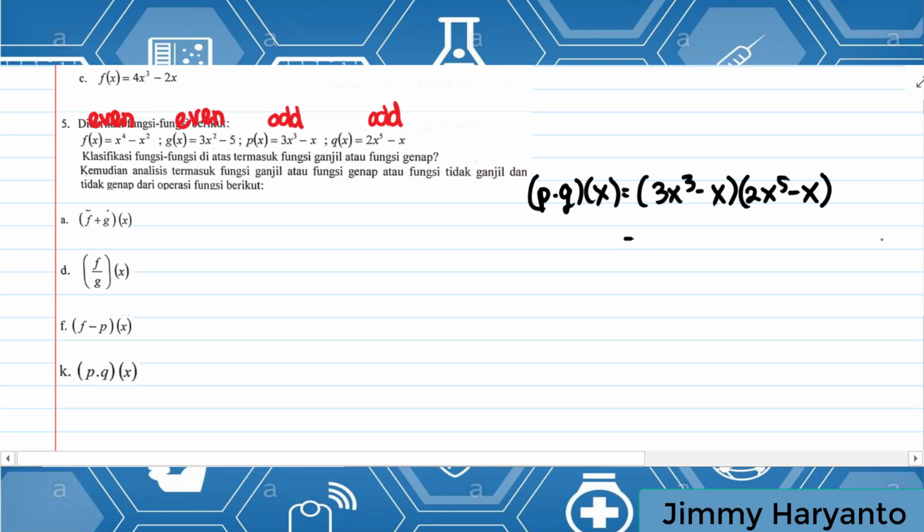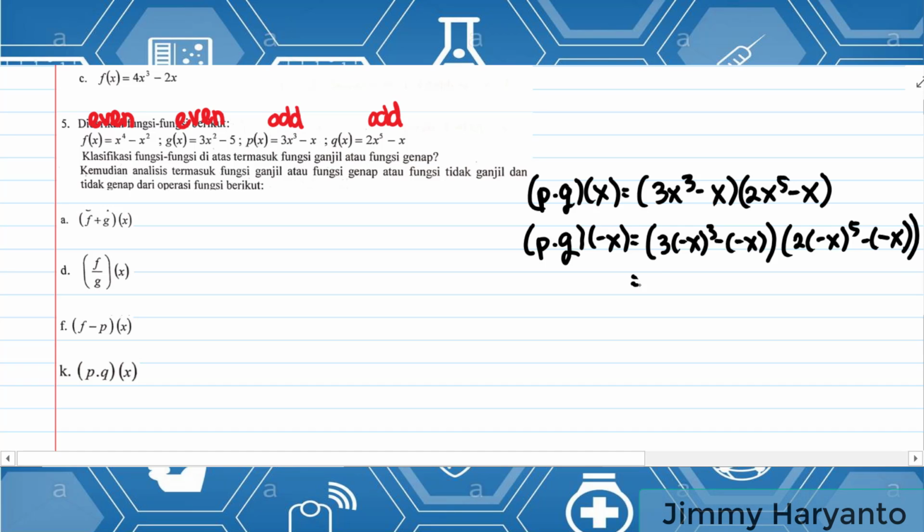And then I have to find pq of negative x equals 3 times negative x cubed minus negative x, and then 2 times negative x^5 minus negative x. The result will be negative 3x cubed plus x, and for this one negative 2x^5 plus x.